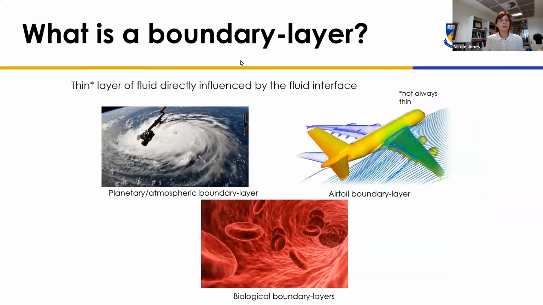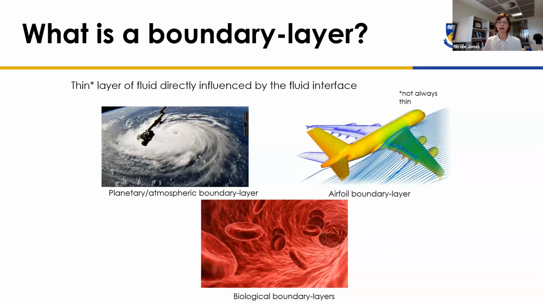So today I'm going to talk to you about boundary layer dynamics in the ocean, and I wasn't entirely sure who my audience would be today, so I'm starting at the very beginning, but I'm sure this is all very preliminary for you all. But when we're talking about a boundary layer, it's essentially that layer of fluid that's directly influenced by an object, whether it be very large scale, as in the object is the Earth, and we're talking about the atmospheric boundary layer, or that object can be very small.